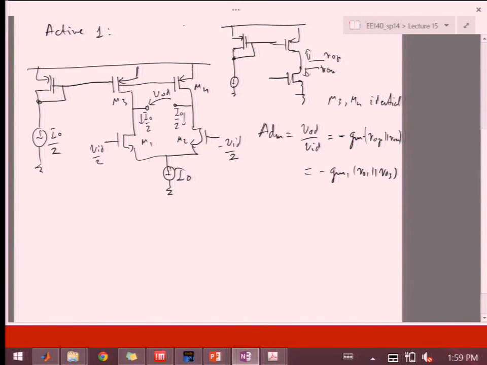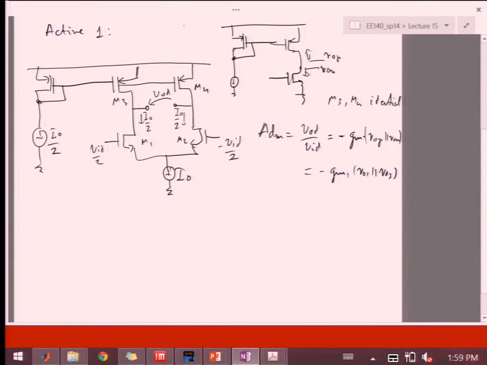What's the problem with this circuit? It's not really different than, well, I haven't really said that this I0 has some impedance, right? So in fact, if you don't have it, then your common mode gain will be 0, right? Because RSS will be infinite. The problem is going to be that these two sources have to be exactly matched, right?